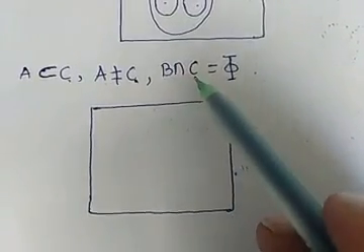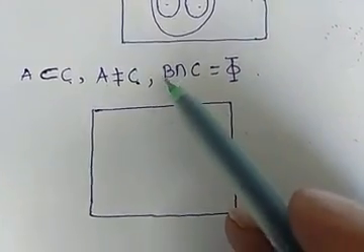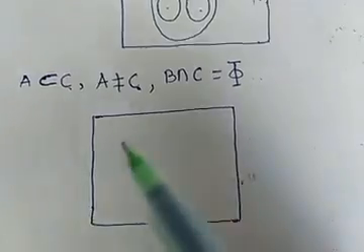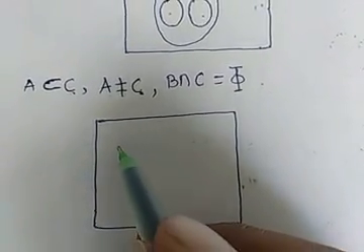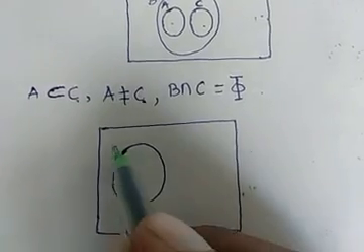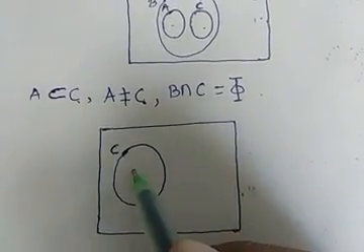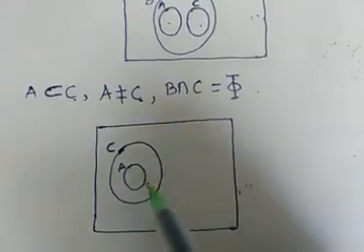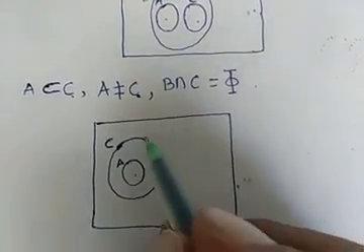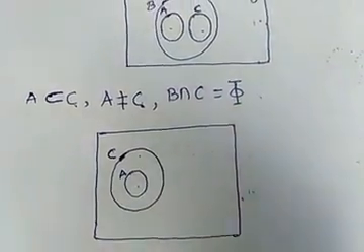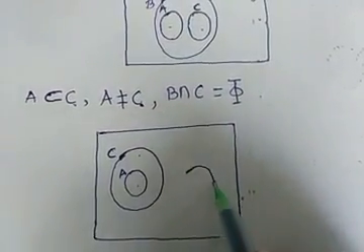B intersection C is empty, so there is no common part in sets B and C. First we draw set C, which totally contains set A. This is our set A, and this is our set C. Now B intersection C is empty, so we draw B separately.